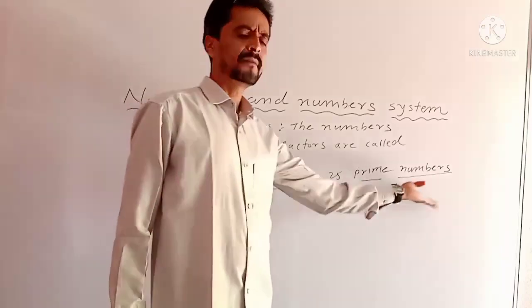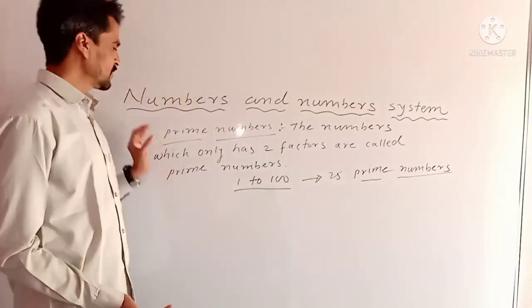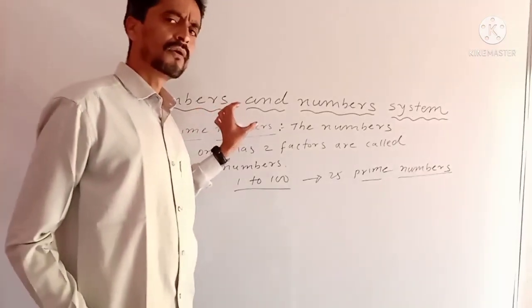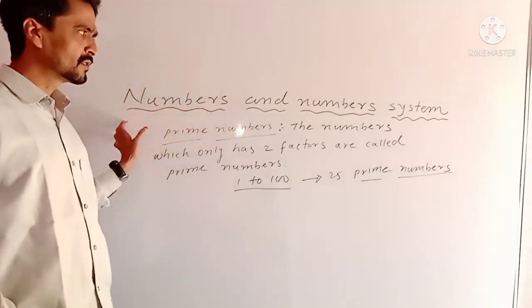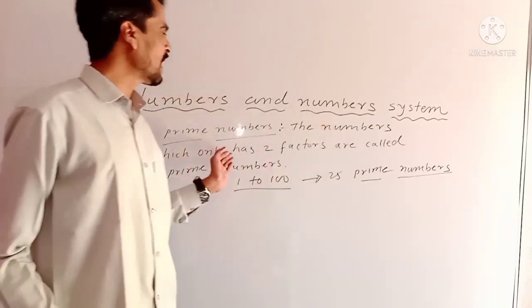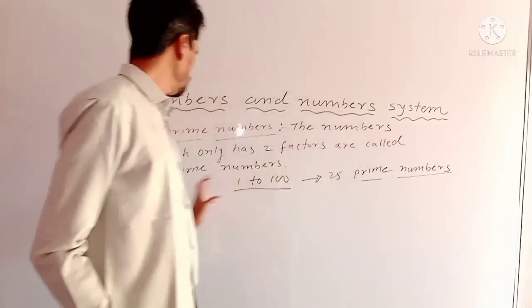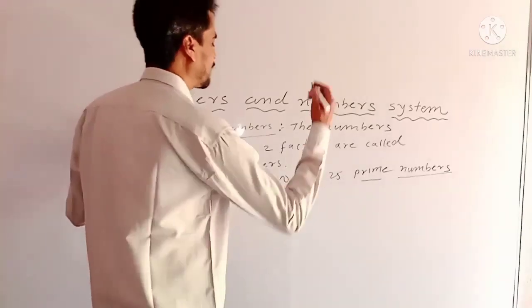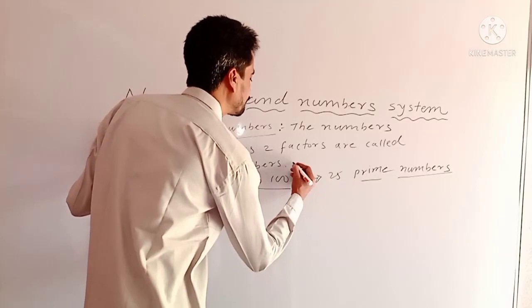In detail, first of all we have a point here, prime numbers. What is called a prime number? The numbers which only have two factors are called prime numbers. And what are the two factors?